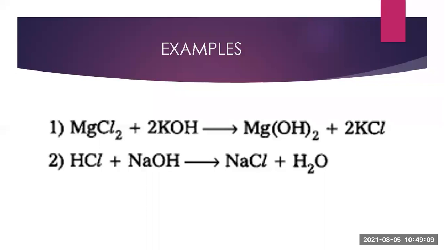But before displacing, they first get converted into ions, and after they get converted into ions, the positive and the negative charges will combine, and hence they will form a new compound on the product side. So here both examples are examples of a double displacement reaction.